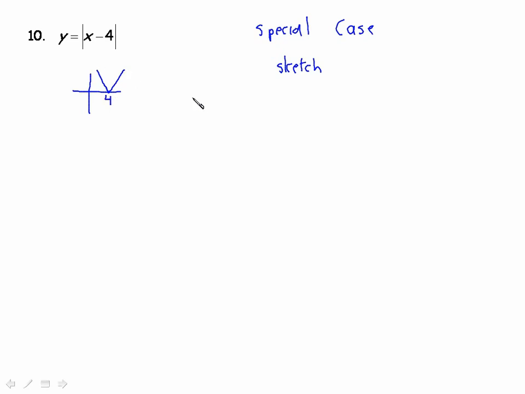And then we can see that the domain will be all real numbers. There's no restriction. Now, we could have recognized that from the beginning, right? Absolute value of x minus 4, you can plug in anything you want. And then the range, well, this is a bit of a problem.